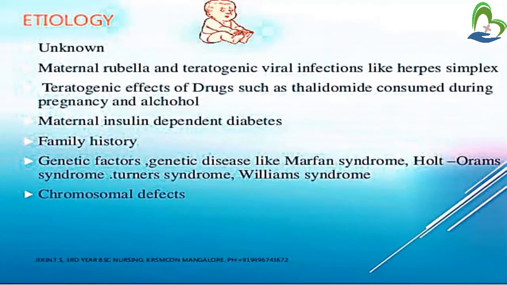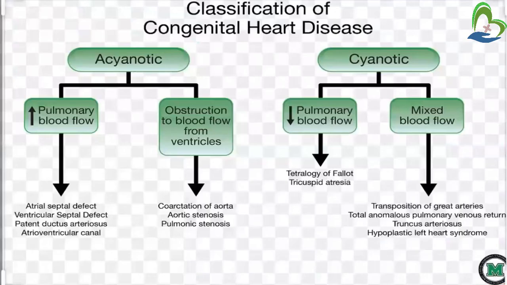These are all the causes of congenital heart disease. Now classification of congenital heart disease. Congenital heart disease is divided into two, acyanotic and cyanotic. Why are they called acyanotic? Because no symptom like cyanosis is seen in this condition.